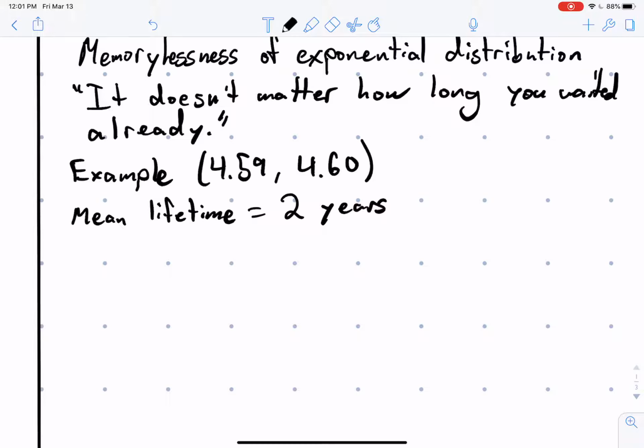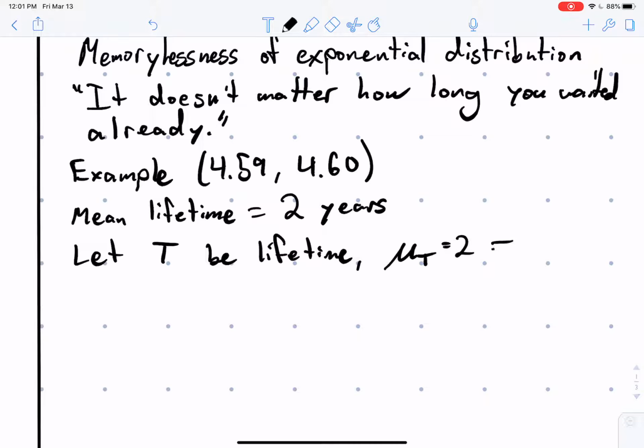So you let T be the lifetime. Mu T equals 2, and this implies that lambda equals 0.5.